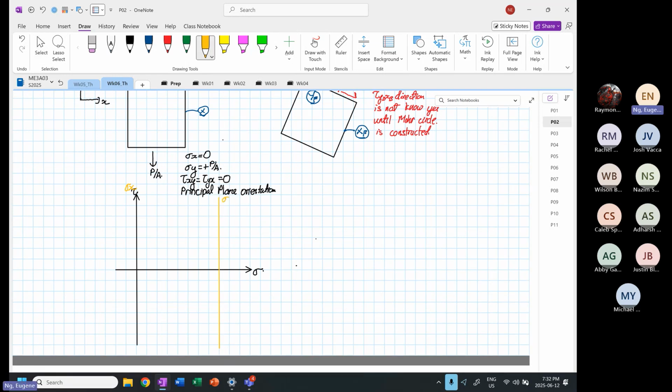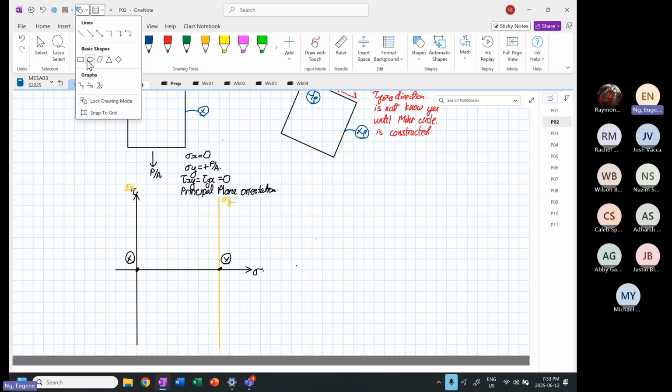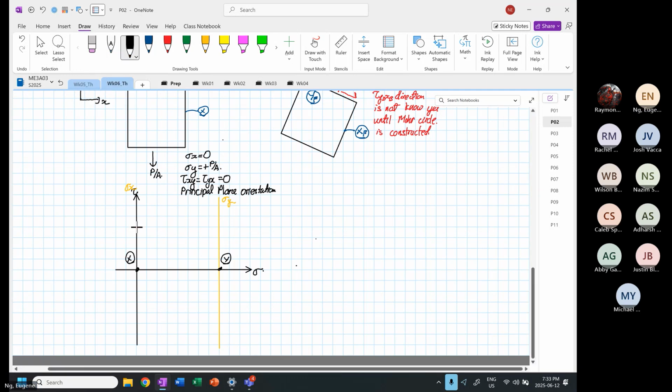And we know that over here, this corresponds to our point X. Over here, this corresponds to our point Y. And then from here, we can construct our Mohr circle.